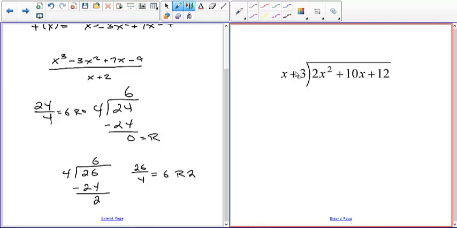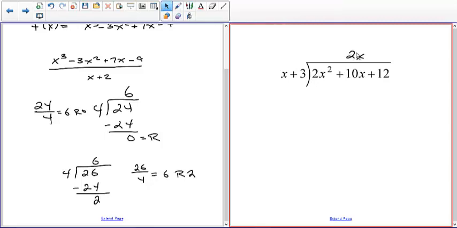Okay, so same question we asked over here. What do I need to multiply by x plus 3 to get 2x squared plus 10x plus 12? Well, what we're worried about is the highest order term here. And this is the highest order term. So the question is really, what do I multiply x by to get 2x squared? Well, the answer is 2x.